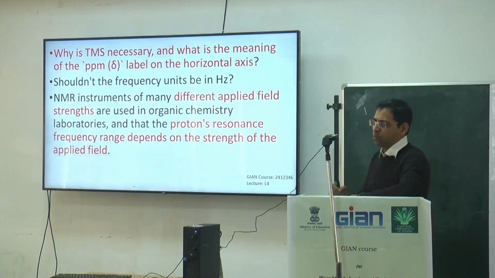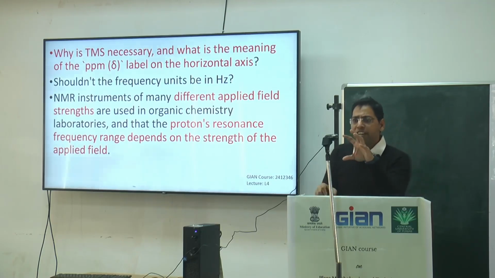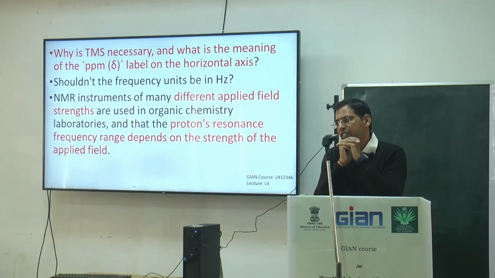Let me give you an example. If you want to use hertz as the parameter, resonance, electromagnetic wave, you know very well, hertz. The first NMR came up in 1956, 1950s, at 100 hertz.